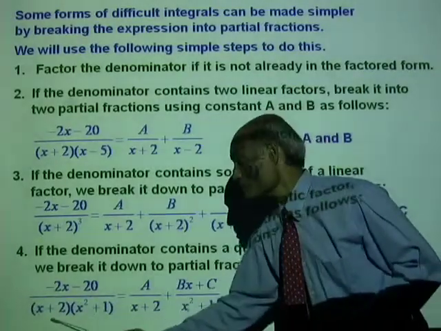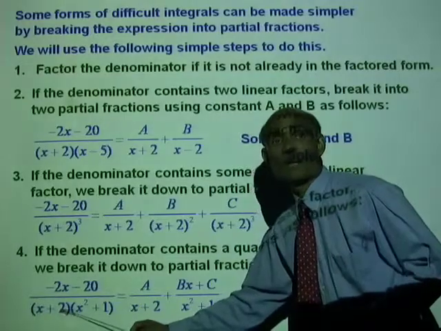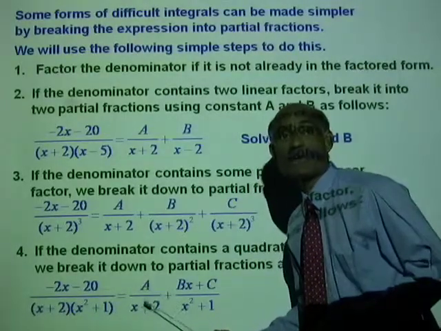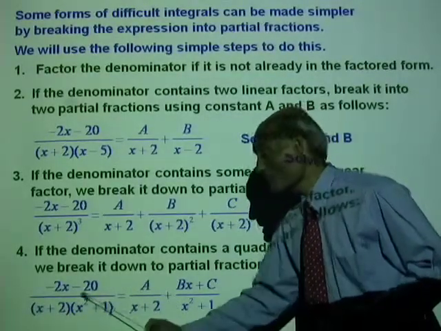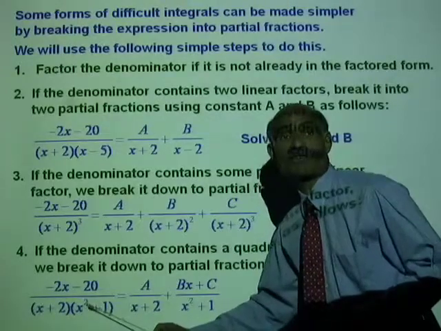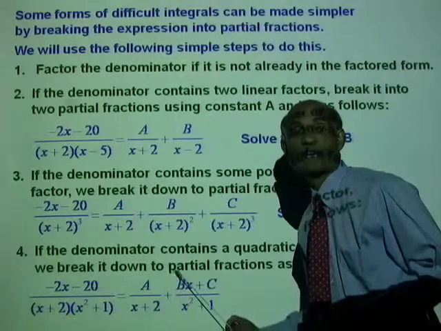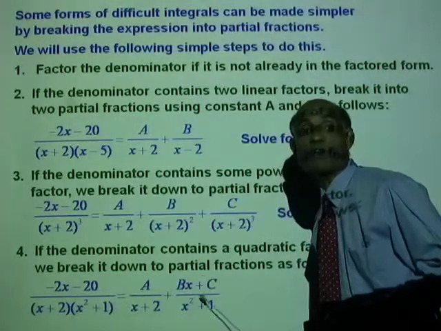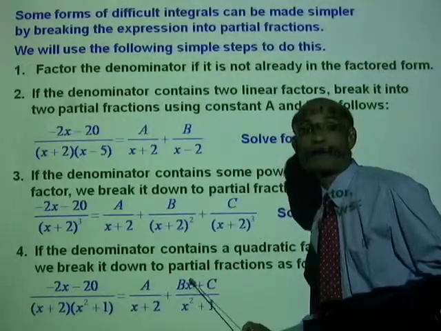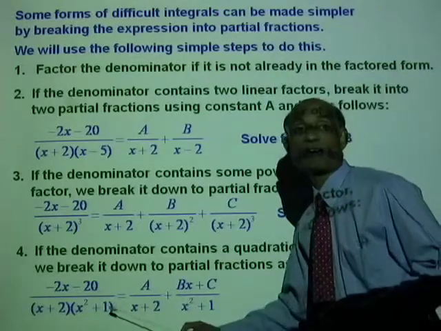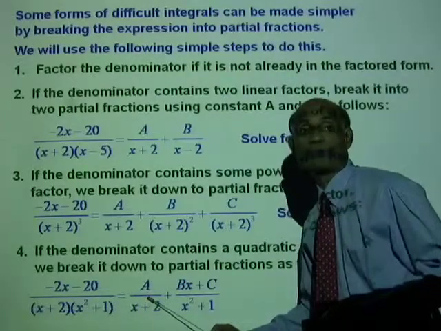Now, x plus 2 is the linear factor, and that will be taken care of by a over x plus 2. But the next factor is a quadratic factor, x squared plus 1. Now, look at the way it is being taken care of. It is bx plus c over x squared plus 1. That's the way we take care of a quadratic factor.